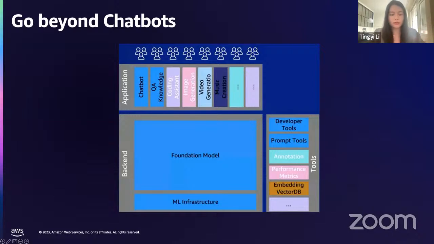For instance, as you can see from the picture here, at the top layer, this is the application layer or the front end. So this indicates how your customers will be interacting with your application, with your models, how they're going to consume the products.